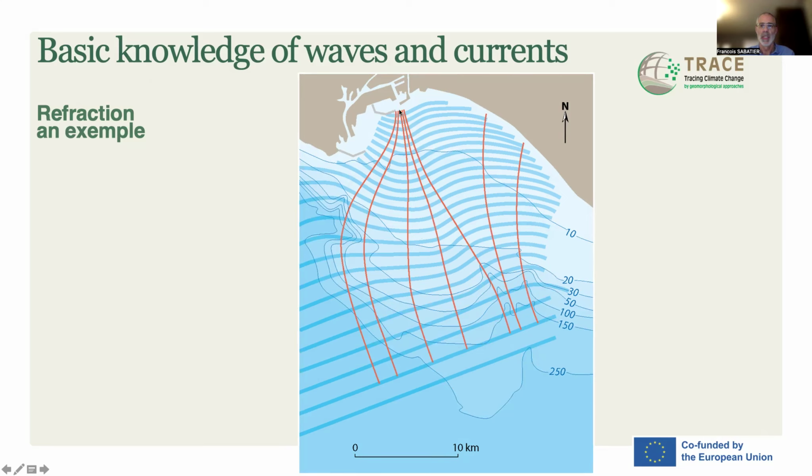Thus, the representation of wave propagation demonstrates significant practical value for coastal engineering and risk assessment. You see that all the energy offshore, over this distance, is the same as on this small distance. So the waves were very powerful and broke the breakwaters.